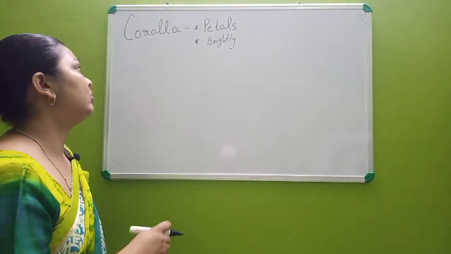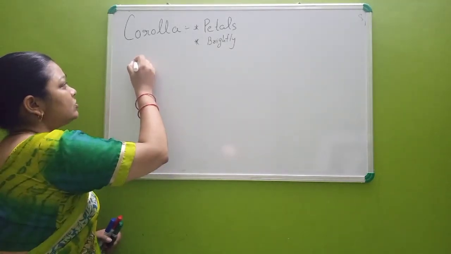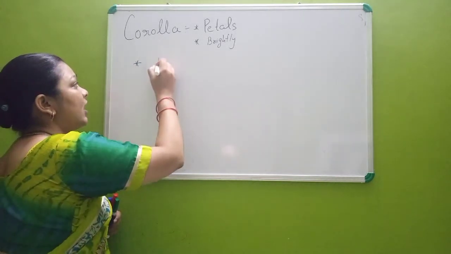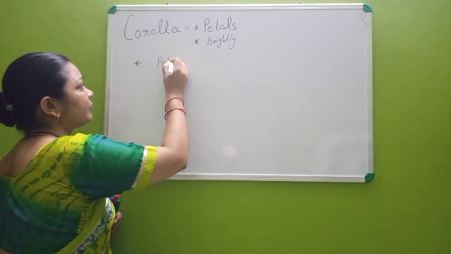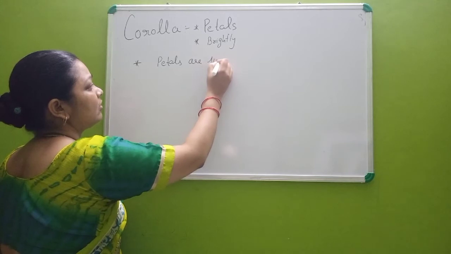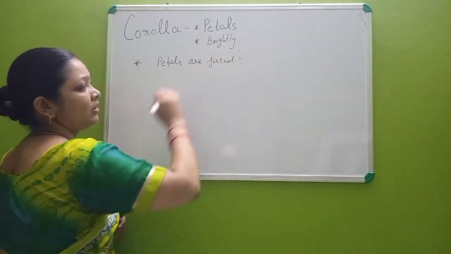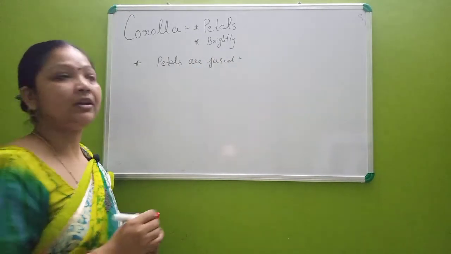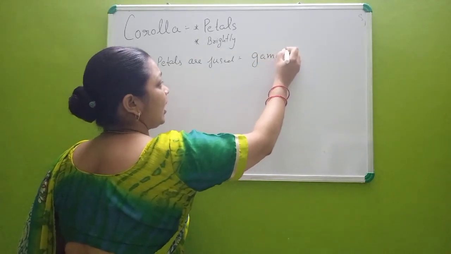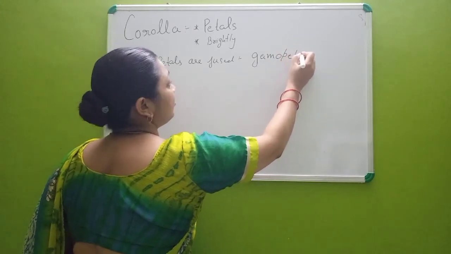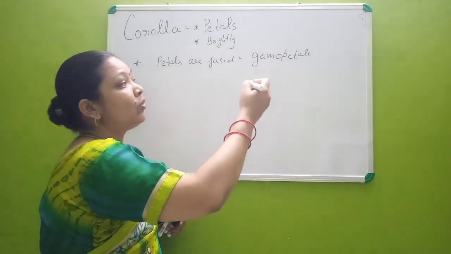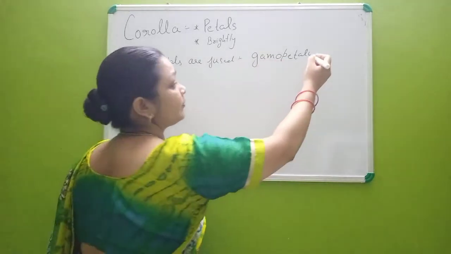Now here also, if petals are fused together, then this type of corolla is called gamopetalous.